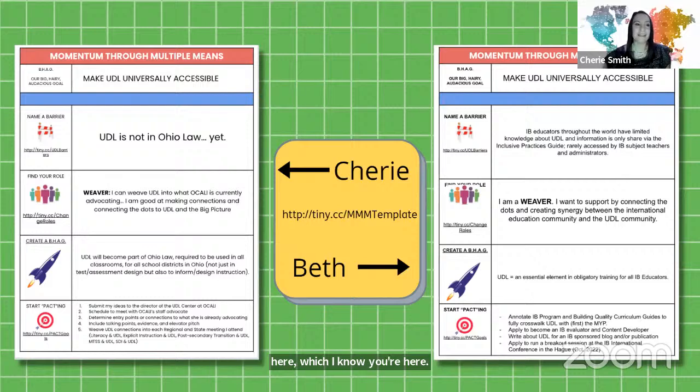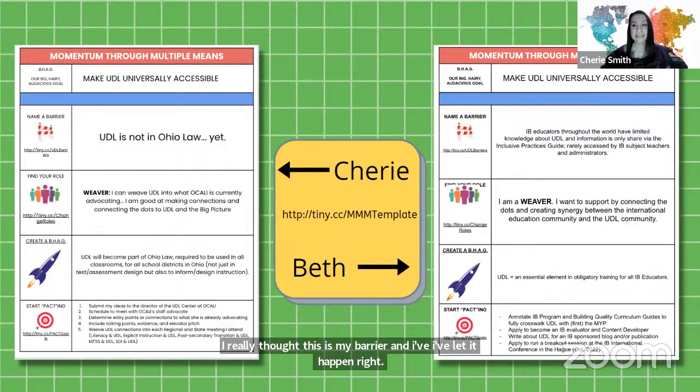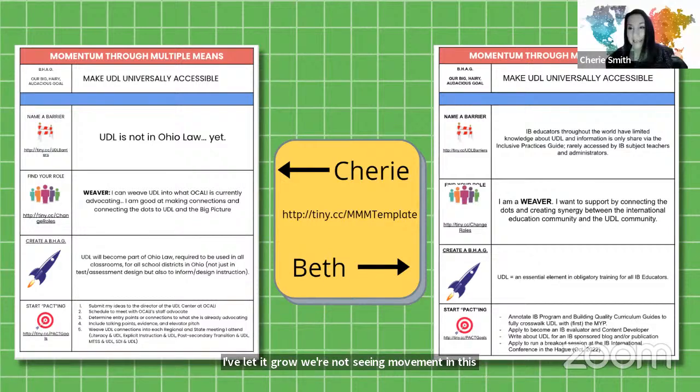So I really thought, this is my barrier, and I've let it happen. I've let it grow. We're not seeing movement in this area. There's misunderstanding across the board. There's even people in our state that don't want to hear UDL. It's a bad word. How did we let this happen? Because UDL is beautiful. The idea behind UDL is uplifting and amazing.